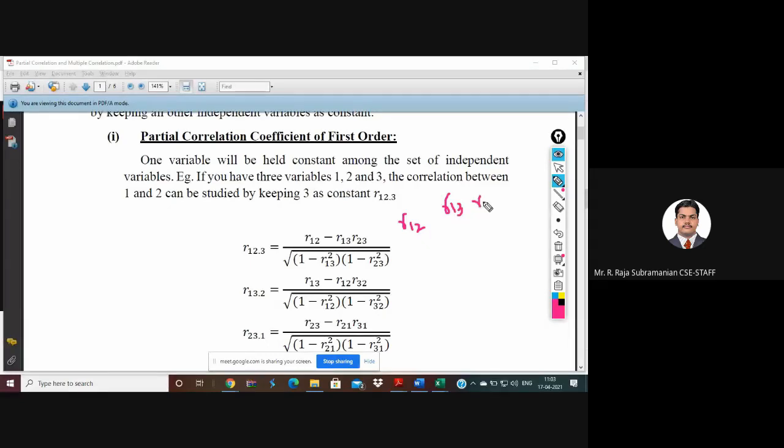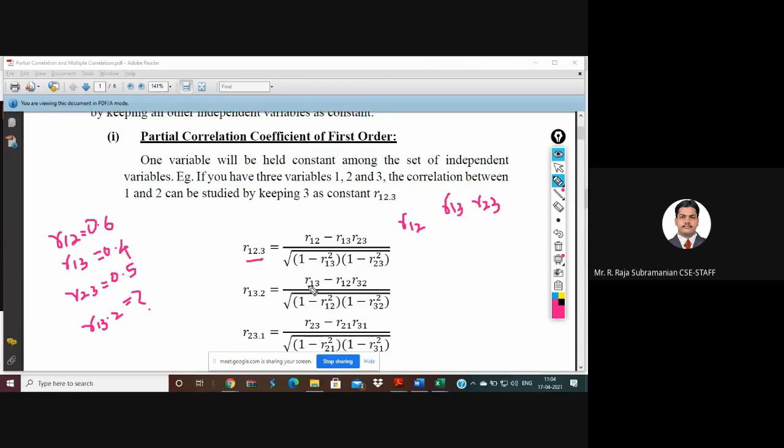Will it be possible for you to substitute these? Let me give some values: R12 is equal to 0.6, R13 is equal to 0.4, and R23 is equal to 0.5.